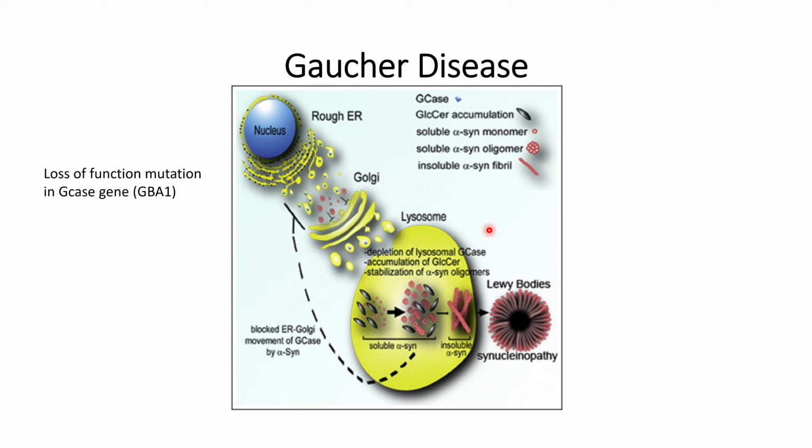Gaucher disease was identified after Parkinson disease, and later on it was identified that Parkinson disease is one of the subsets of Gaucher disease, as it is a special category, such as the type 1 kind of Gaucher disease.